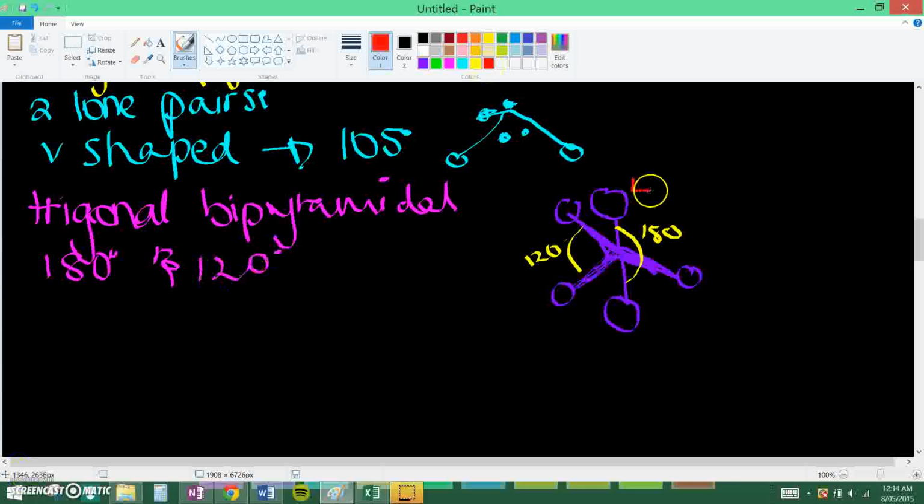Now these atoms are called axial atoms, like the top and the bottom, and the ones with the 120 degrees are called equatorial. Now for trigonal bipyramidal, when you add lone pairs, the lone pairs always form on the equatorial atoms. So the first lone pair would form, say, here, and that would make it into a seesaw shape.